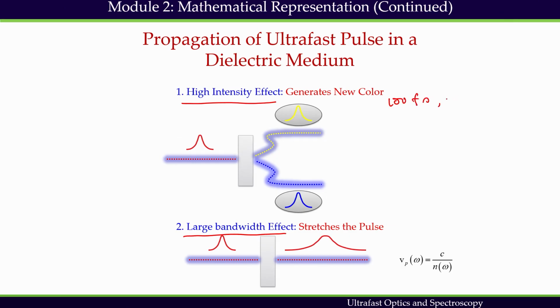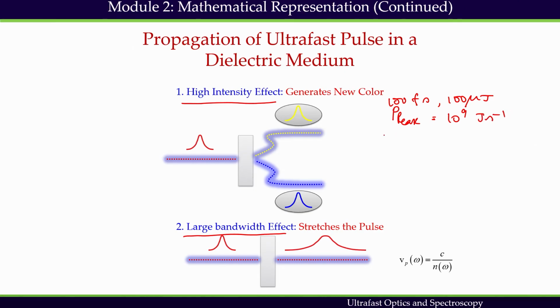When you say high intensity effect, we can consider a 100 femtosecond pulse again, and each pulse contains, let's say, 100 microjoule energy. With this 100 microjoule energy, now we can calculate peak power. The peak power can be written as 10 to the power 9 joule per second. One can calculate it quickly with the help of the peak power equation.